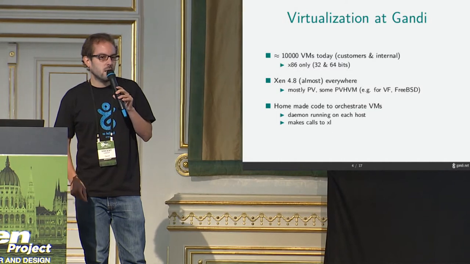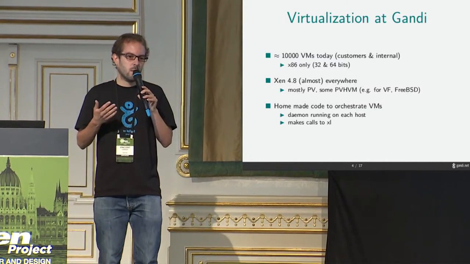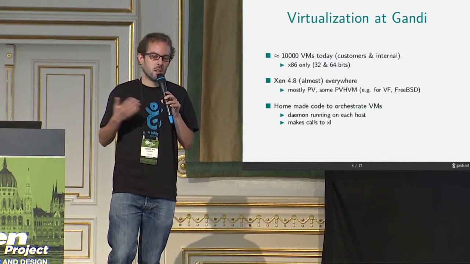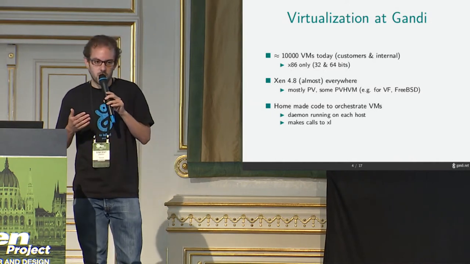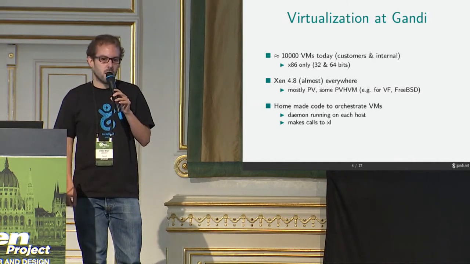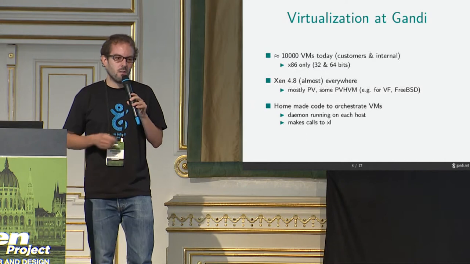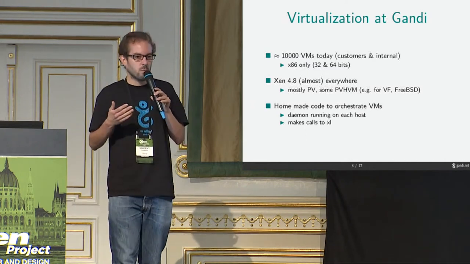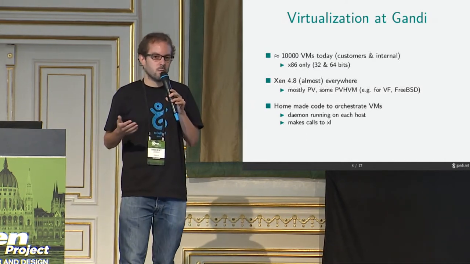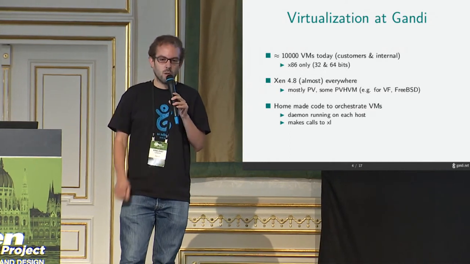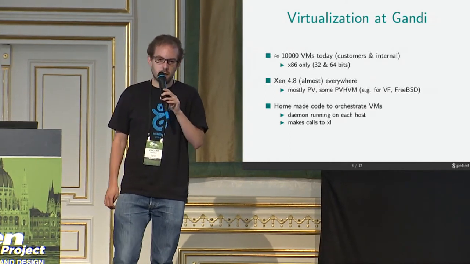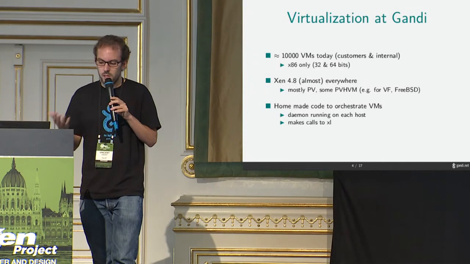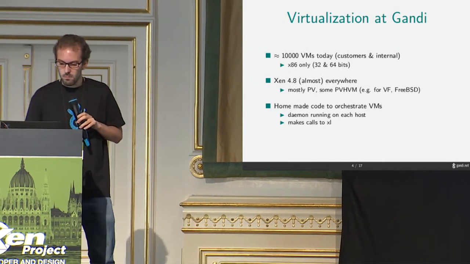We don't use any toolstack like libvirt because when we started using Xen, I don't think libvirt existed. And having our small daemon seems to be good enough for us. It's quite simple, and we can upgrade it when needed, and it does the job quite well. So we don't really need anything else right now.